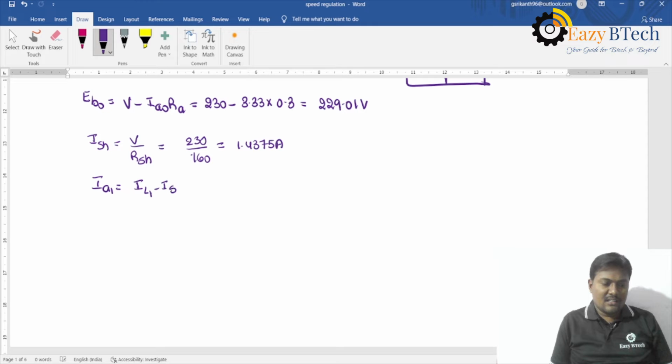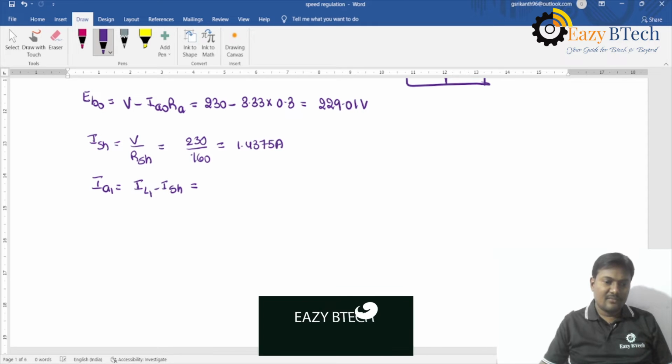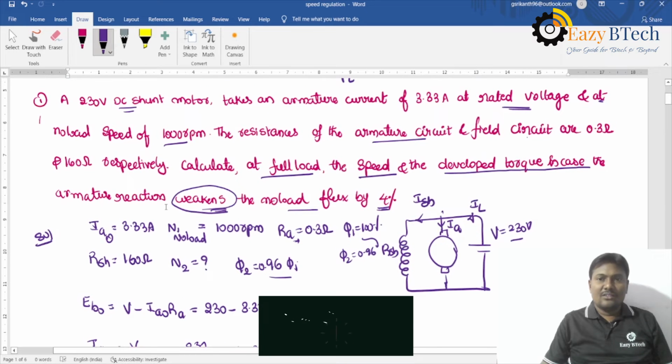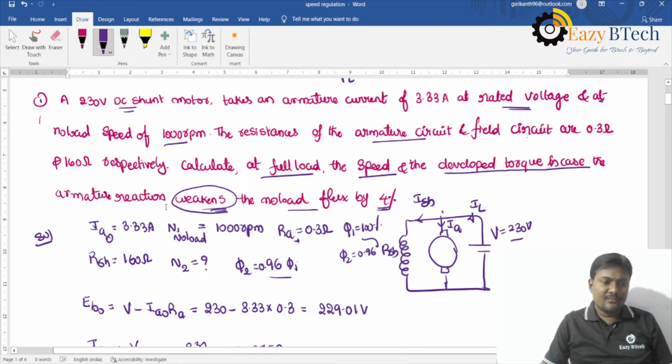The armature current IA1 is equal to IL1 minus ISH. Here the line current at full load is missing in this problem.